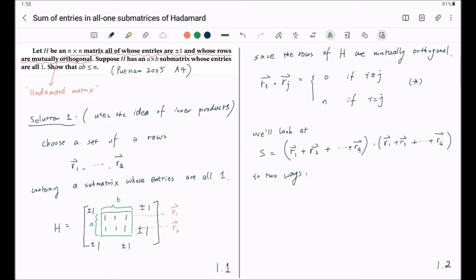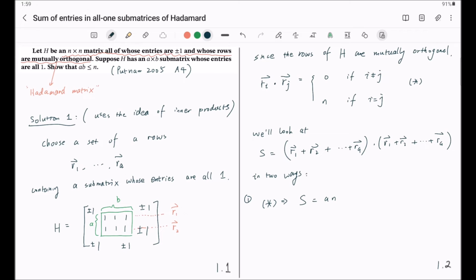First, this relation immediately gives you that S is equal to A times n, because there are A terms, and Ri times Rj, if i is not equal to j, is 0. Otherwise, it is n. So this gives you A times n. So this is one way to look at it.